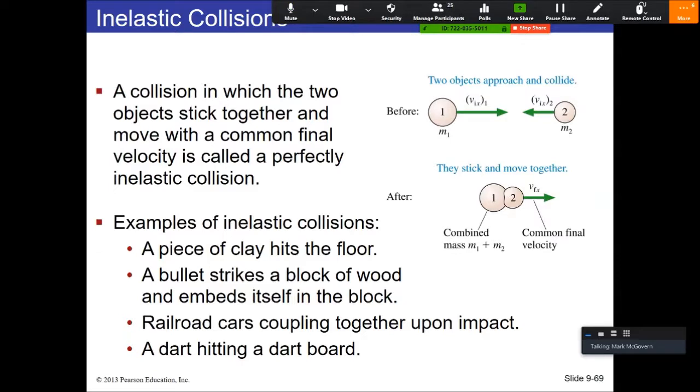For elastic collisions, both the momentum and the energy are conserved. And so the way you can solve those will be a little bit different because you can take into account this extra tool that energy conservation allows.